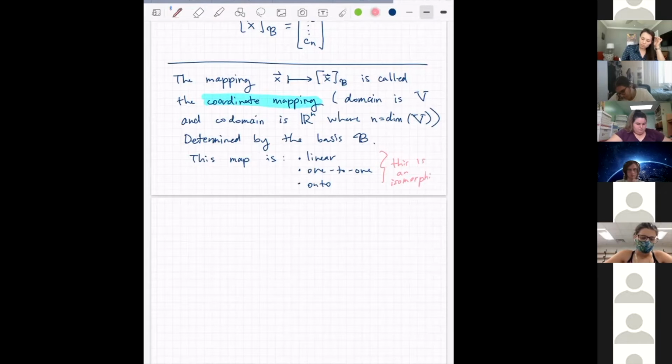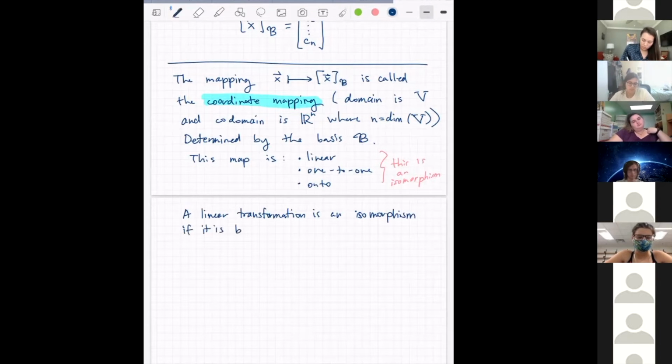Just to write out what that is: a linear transformation is an isomorphism if it is both one-to-one and onto.